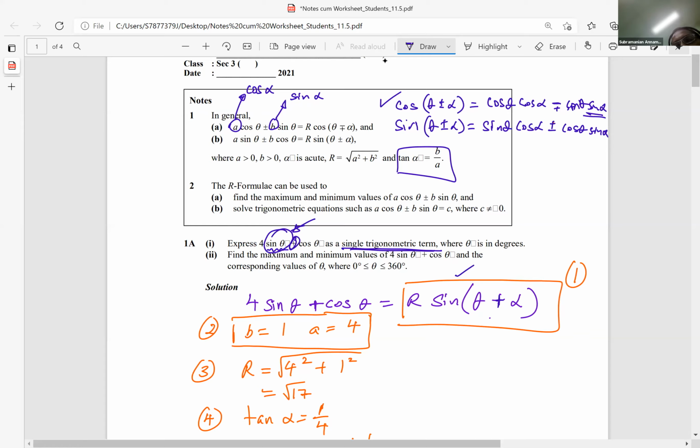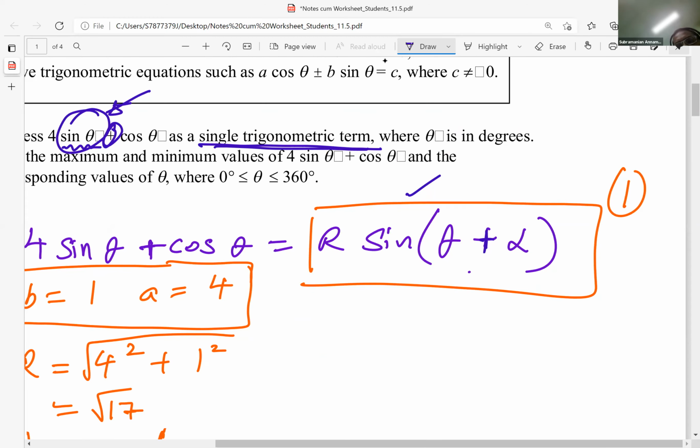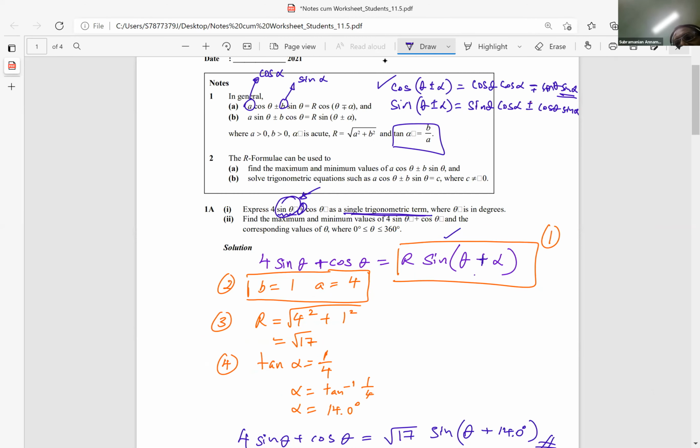Now, how about sine? Do you notice here, this one is again your sine alpha. This is your cosine alpha. Look at your sine. This is for this. This is for this. You need to compare and contrast.